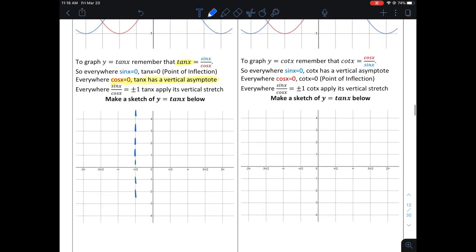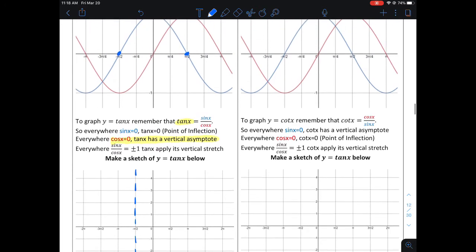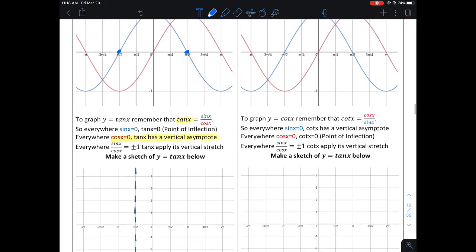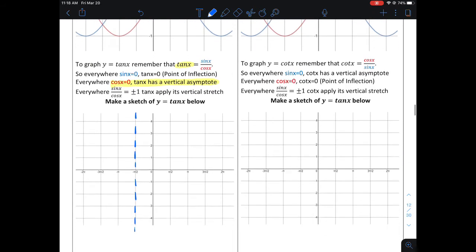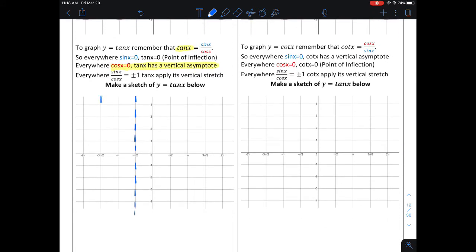So at negative pi over 2, vertical asymptote, and positive pi over 2. Now my graphs are different scales here, so actually I can go ahead and make one here at negative 3 pi over 2. So all the pi over 2's cosine equals 0.